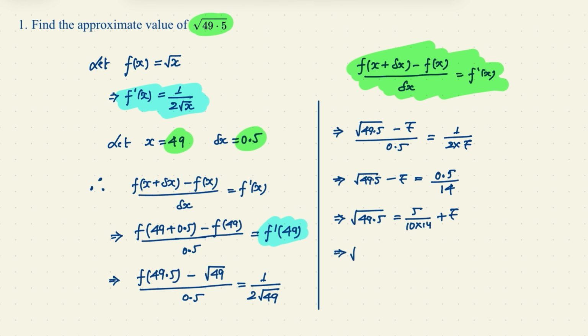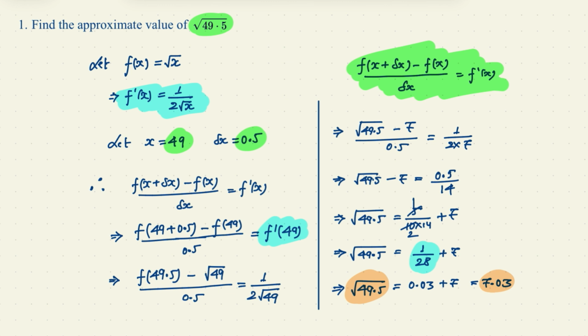That means square root of 49.5 will be equal to, 5 1s are 5, 5 2s are 10, so it will be 1 by 28 plus 7, and the approximate value of 1 by 28 will be 0.03, plus 7, and hence it will be 7.03. That means the approximate value of square root of 49.5 is 7.03.